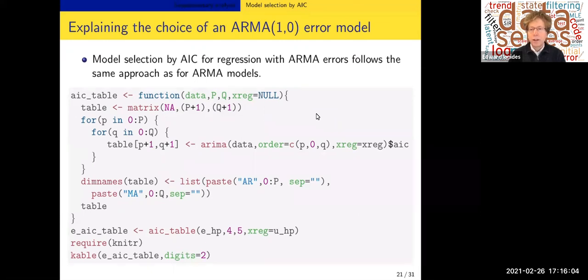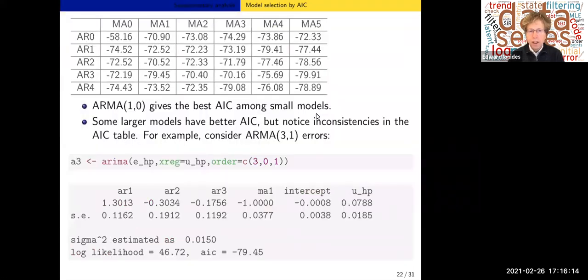It's really very similar to the code for regular ARIMA, but we now put in the covariates xreg. And here we see that among small models, ARMA(1,0) looks pretty good, but some larger models have better AIC. The ARMA(3,1) in particular has good AIC.